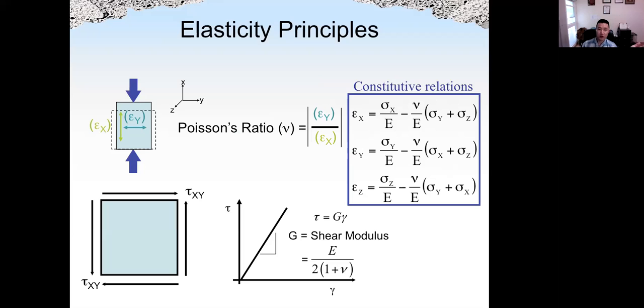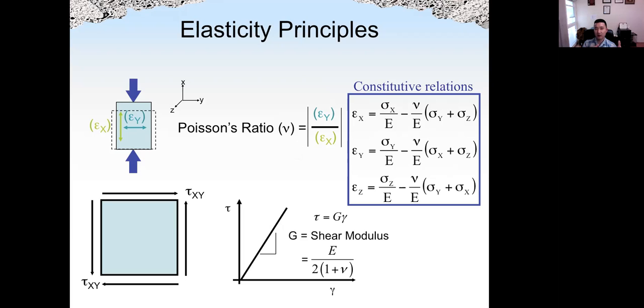And the Poisson's ratio is the absolute value of epsilon y, which is the strain in the y direction, the horizontal direction, over the strain in the vertical direction, or the direction of the load, epsilon x. Okay, so Poisson's ratio is always positive. Okay.